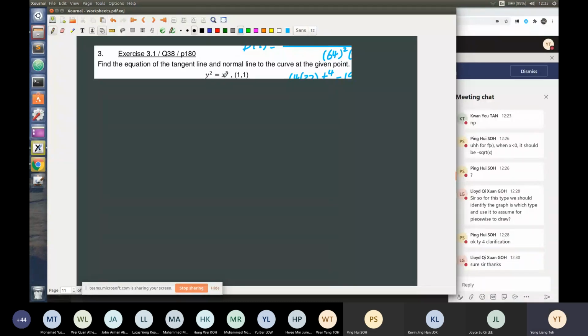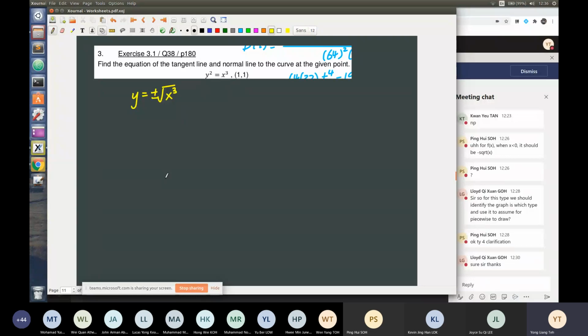But now, we can actually write this in a different manner. So therefore this is y squared equals x cubed. So clearly we can rewrite y, we just square root both sides, right? So when we square root both sides, we have plus minus square root of x cubed. Okay, so y equals plus minus square root of x cubed.